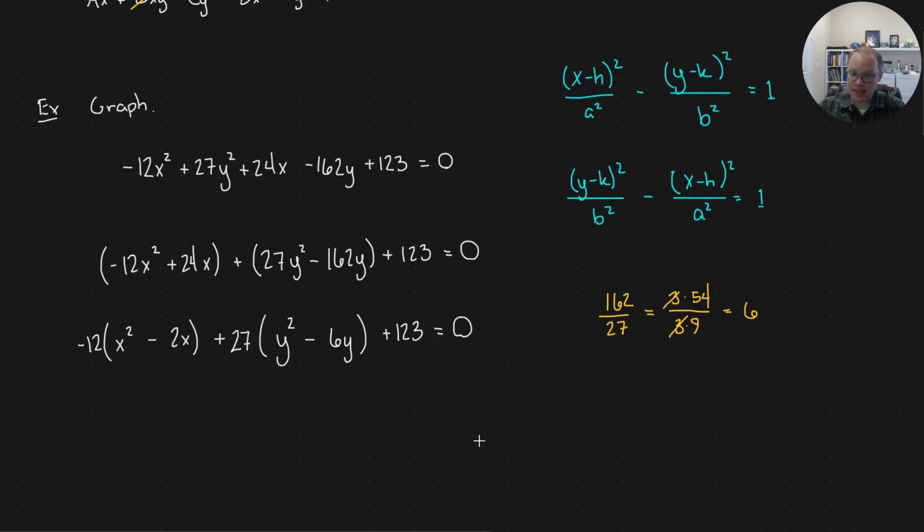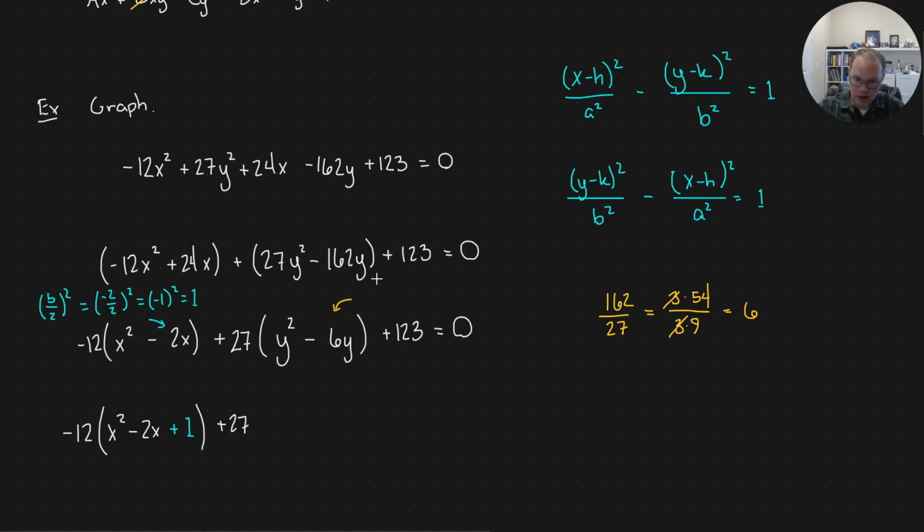Now I need to complete the square for both of these. That's b over 2 squared. This b is negative 2, so negative 1 squared is 1. So I'm going to add a 1 into this trinomial, and that completes the square, allowing me to factor it as a perfect square.